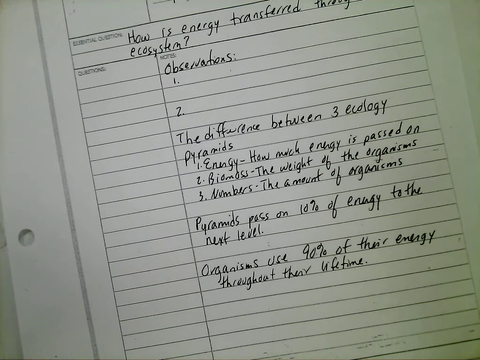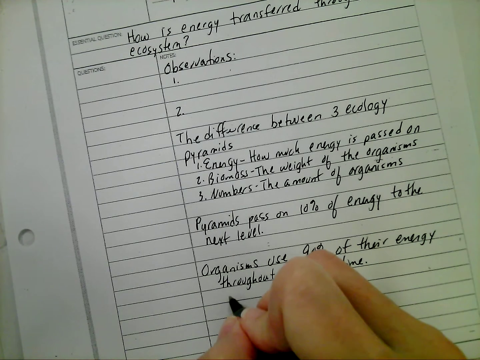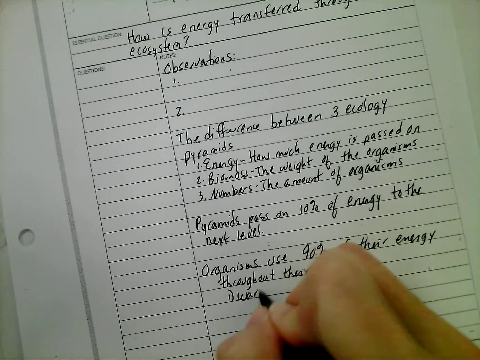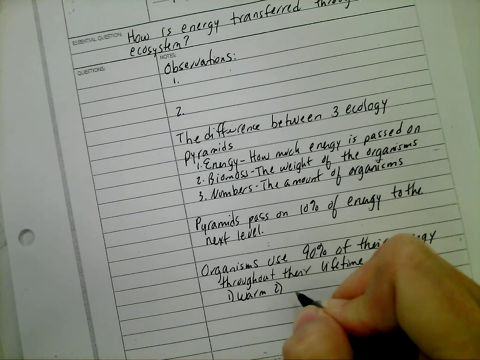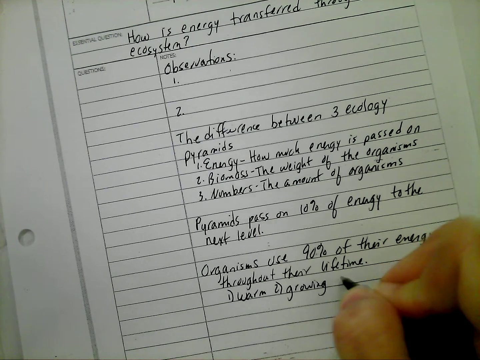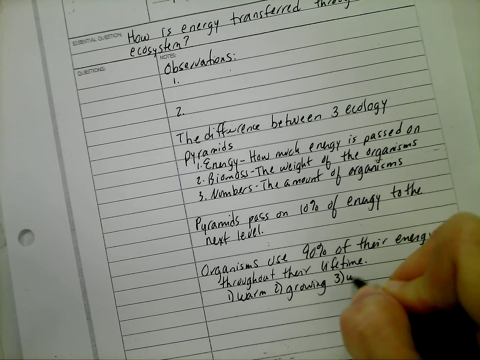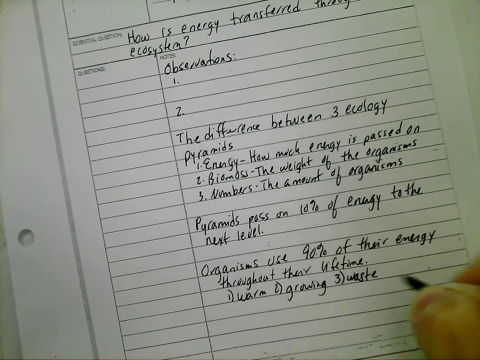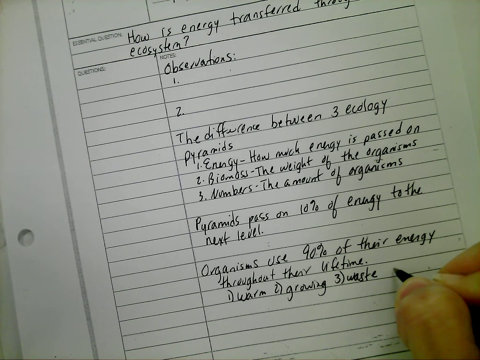Okay, on what? Now you can pause this and think about, what have you used your energy for? Number 1, keeping warm. 2, you've been growing. 3, you waste some of it, and some of it comes out the other end. Some of it's lost as heat.